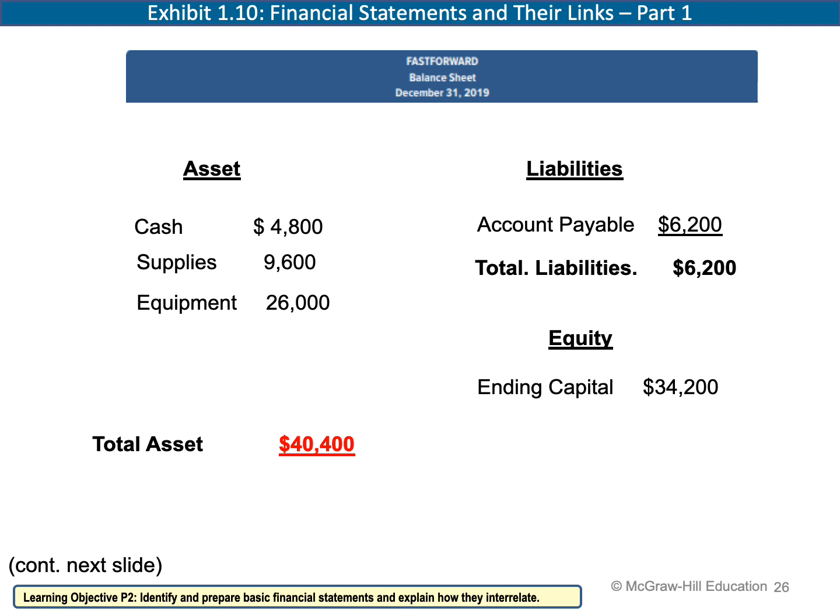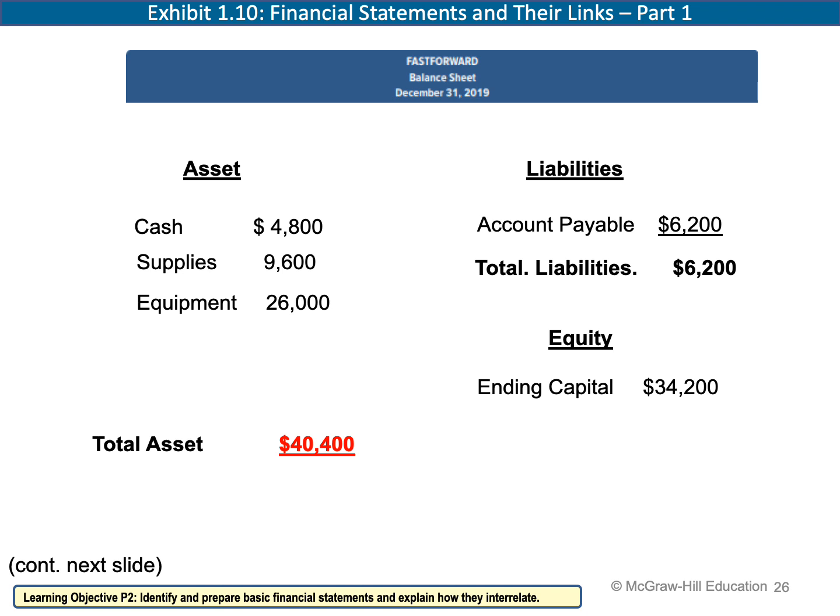So that's why I need to make sure that when I'm preparing the statements, I prepare first the income statement, then statements of owner's equity, and then the balance sheet. Why do I have to do the balance sheet at the end? Because I need to calculate the ending capital. And the ending capital, from where am I going to calculate it? From the statements of owner's equity.